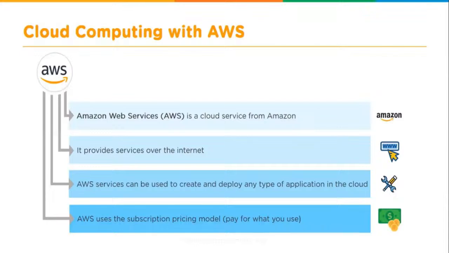Now let's talk about cloud computing in AWS. Amazon Web Service, AWS, is a cloud computing service provided by Amazon. These services are accessible over the internet, and AWS provides infrastructure as a service as its flagship offering. We can create and deploy any type of application in the cloud on top of the Amazon providers.